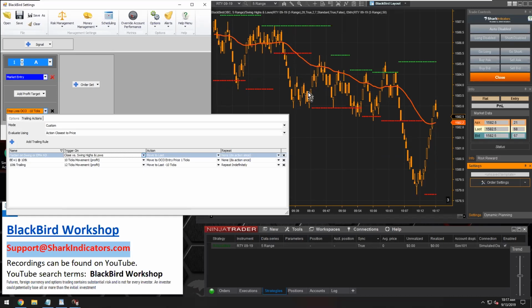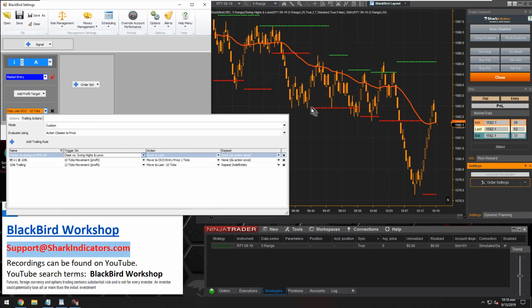So any long trades would get closed out right away until the swing indicator detects this swing low here. Once the indicator detects the swing low and moves the plot down, then it would be okay to take a long trade.